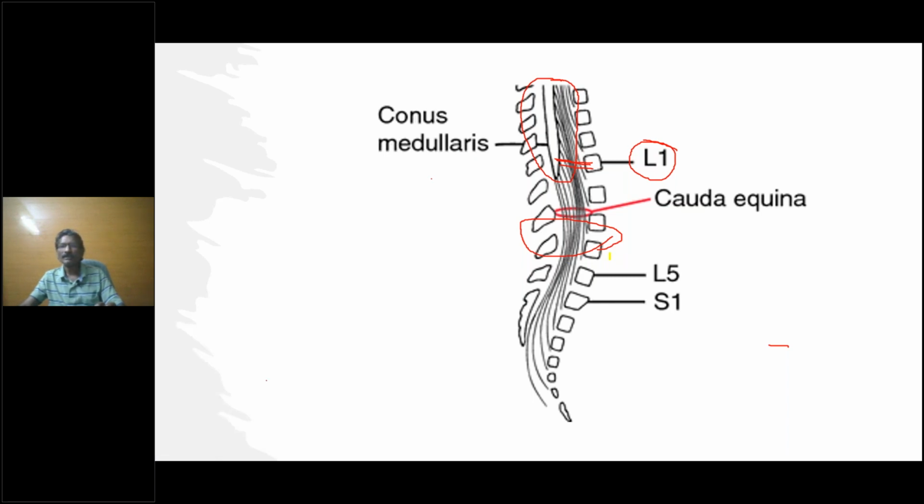See, what you are basically looking at is L4, L5, S1, S2. This is what they are telling.